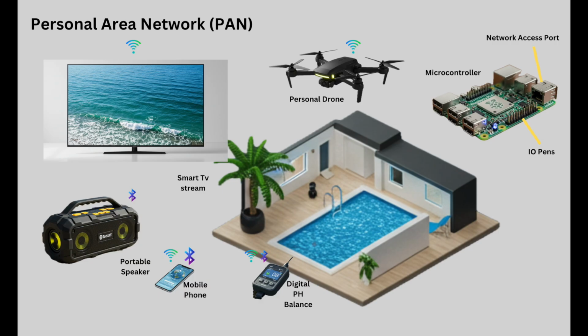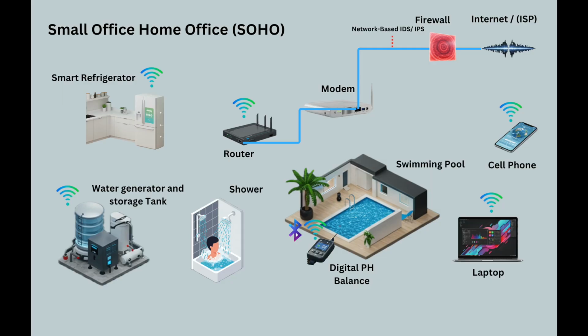All right, so we're going to go to the next slide. The small office, home office. That's just a term that I guess professionals would use, the SOHO. And this network gets its connection, or it takes frequencies, from an internet service provider via the cell towers, and the frequency comes to the modem.